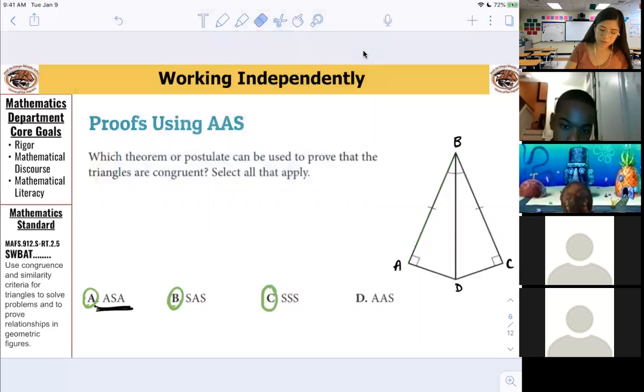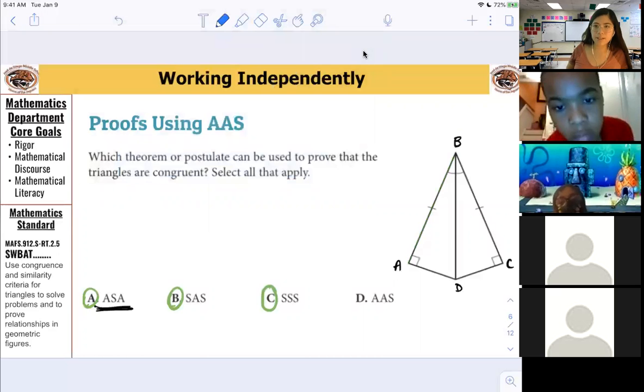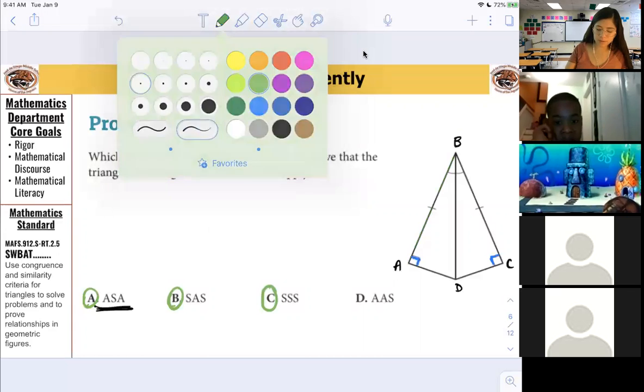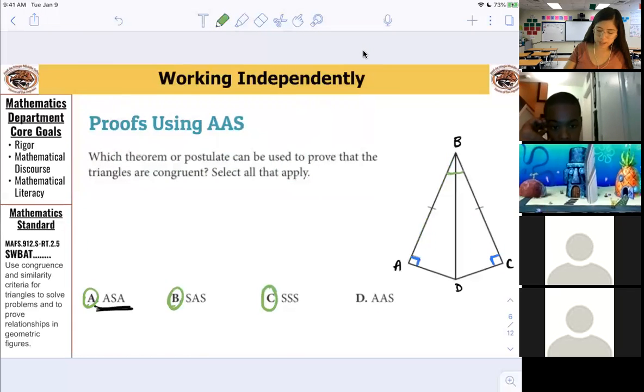Think about two angles and a side that is not included. So which two angles is it going to have to be? A and C. What other angle? B. And then which of these sides is the non-included side?